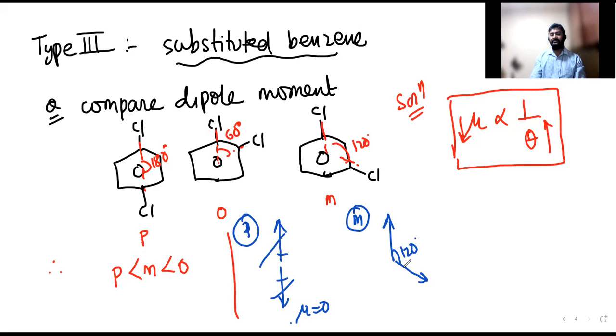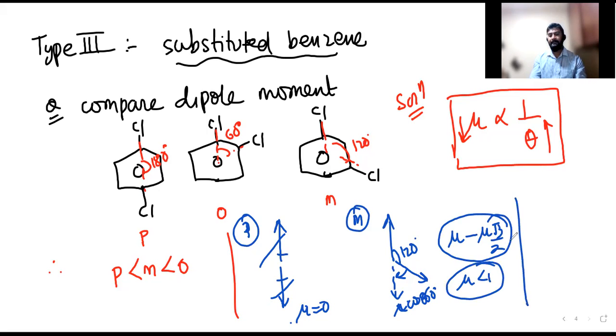If I take the component of this one, it will be mu cos 120, which is cos 60. So there will be a mu up and there will be a mu down also, root 3 by 2 mu down. Basically it will be less than mu. So mu will be less than 1.